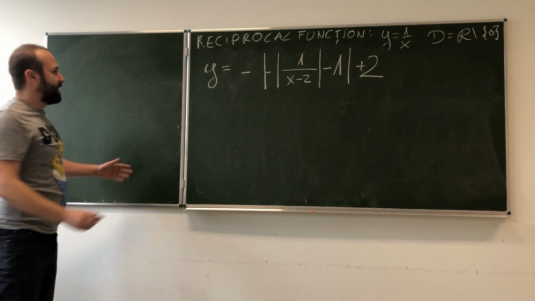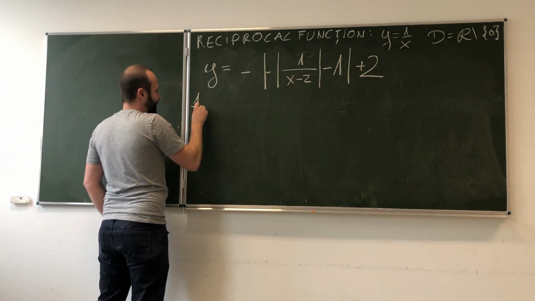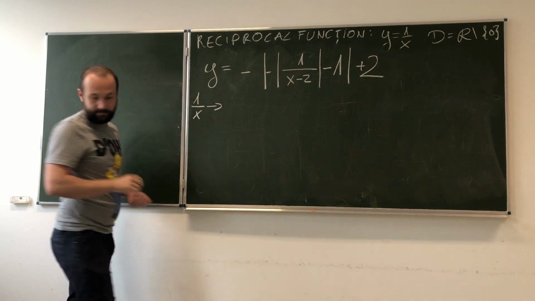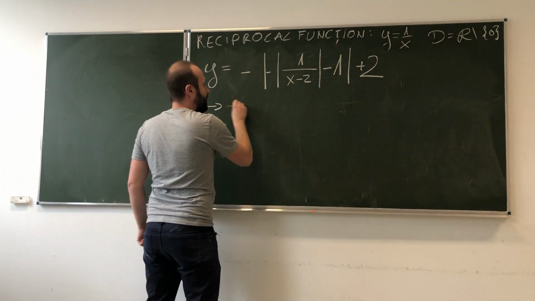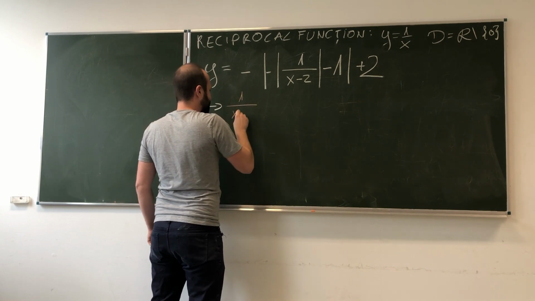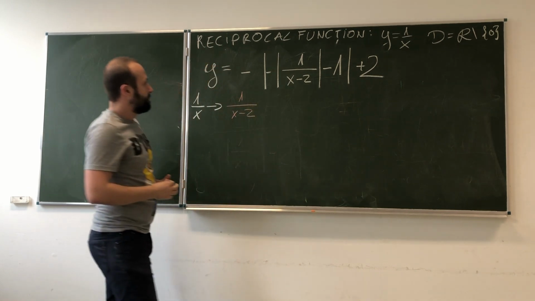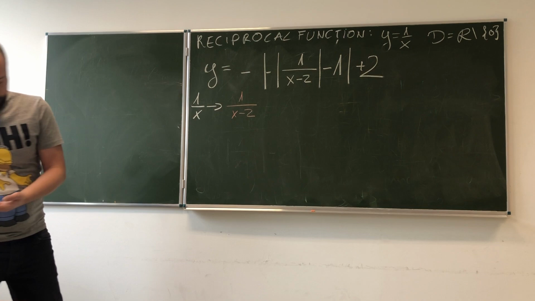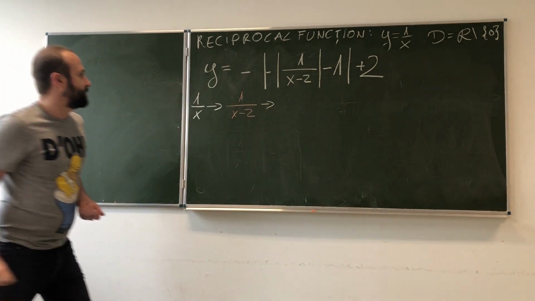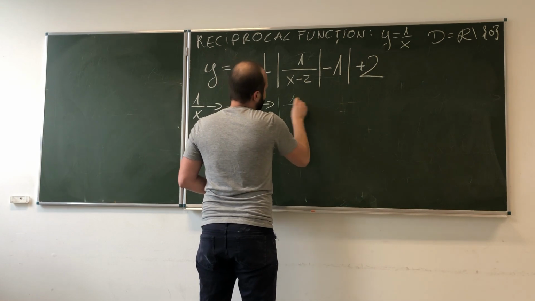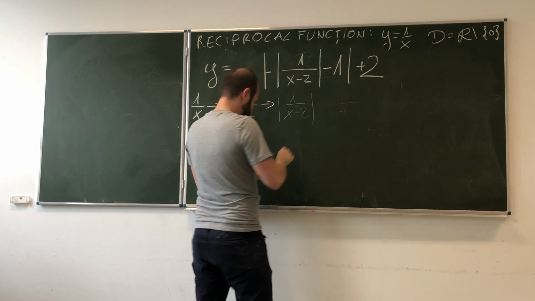Okay. So again, we're going to start with 1 over x. Then, the next thing we should draw is probably 1 over x minus 2. Then, we should take absolute value of it to obtain absolute value of 1 over x minus 2.